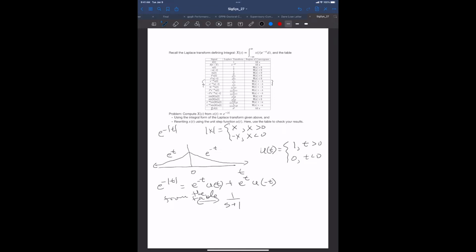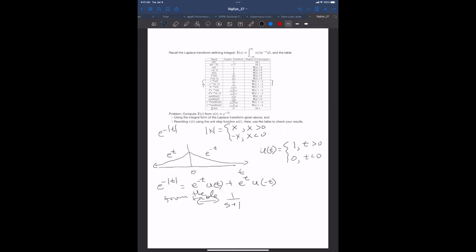And the e to the t, u of minus t, is the second row of that set. So I have lambda equal to minus 1, right? Because I have plus e to the t, so I need e to the minus 1 times t.